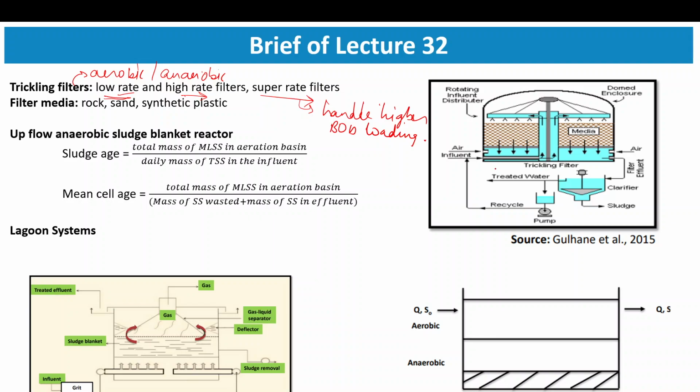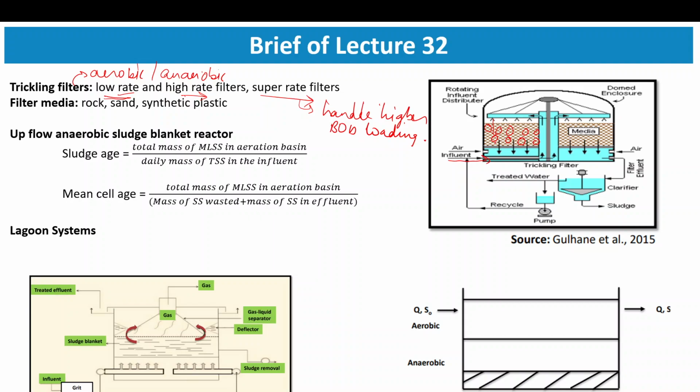Now here what filters have, they have some packing material. So these are the packing materials, and on this you provide some seeds of microbes, and influent is sprayed through the nozzle and air moves in the counter current direction.